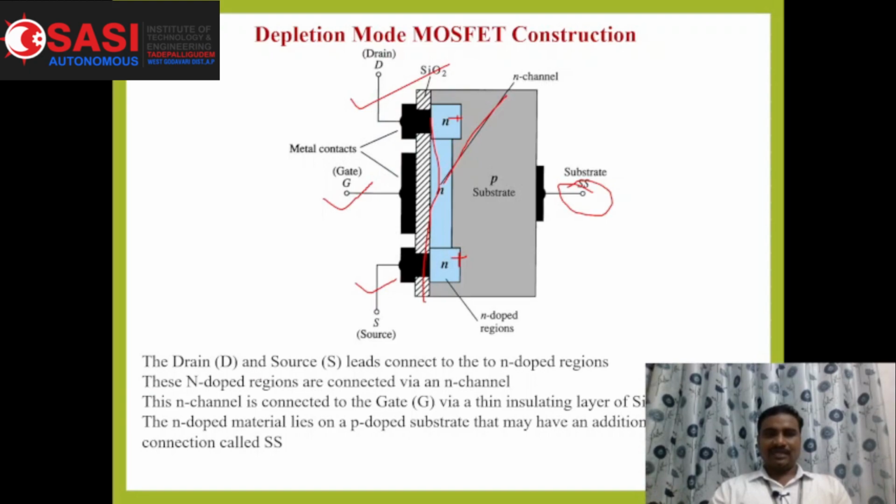The N plus doped material lies on a P doped substrate that may have an additional terminal connection called SS. This is an additional connection because the P substrate is connected to the N doped regions through the N channel. So this is about the depletion mode MOSFET construction having three terminals, gate, drain, source, and an additional substrate terminal called SS.